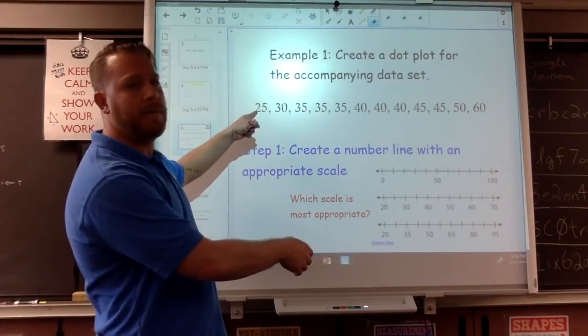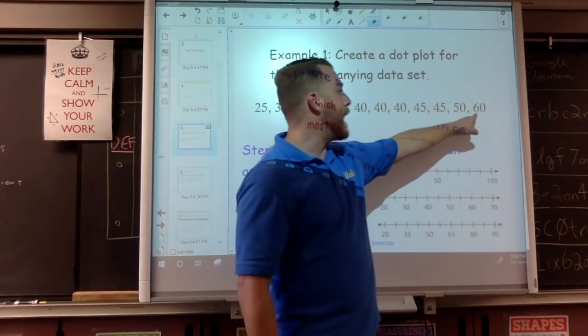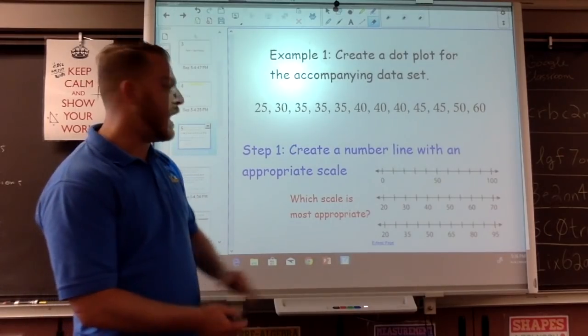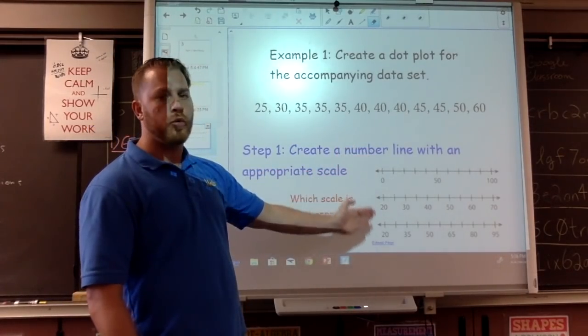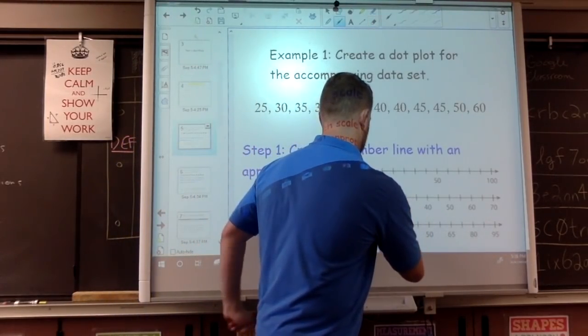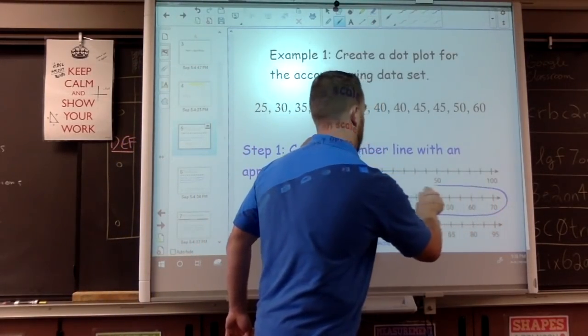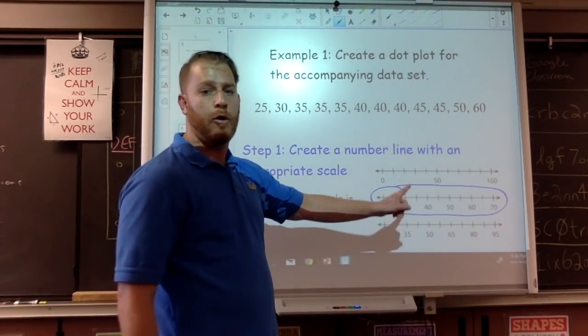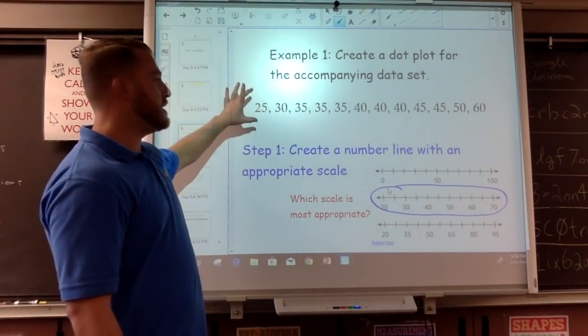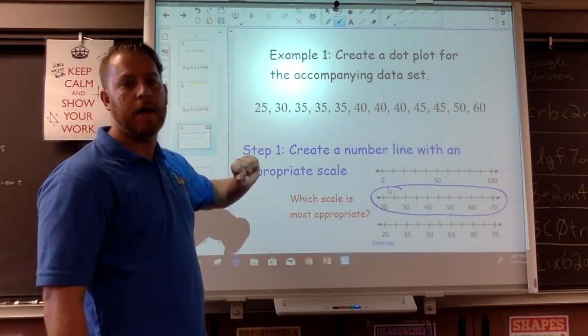So let's see here. I know I have a minimum of 25 and a maximum of 60 in my data set. So which scale here would be the most appropriate? Well, let's see. I'm going to choose this one here, because this scale goes from 20 to 70, which is roughly the same numbers that I have here in my data set.